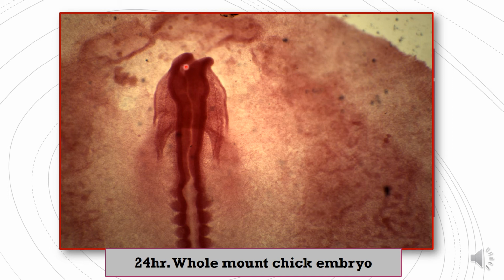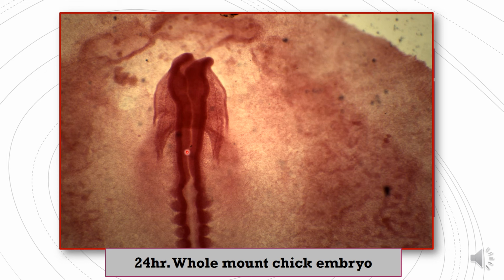The floor of the neural fold is the neural groove. Light staining here represents the notochord. This is the notochord, and this structure is the U shape of the heart tube.